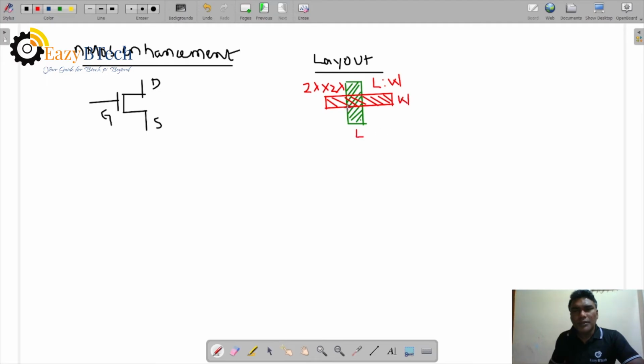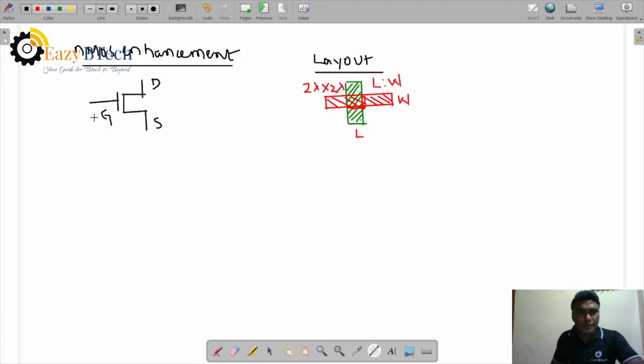Length and width are the same. Polysilicon width and length should be 2 lambda, and diffusion is also 2 lambda into 2 lambda, right?